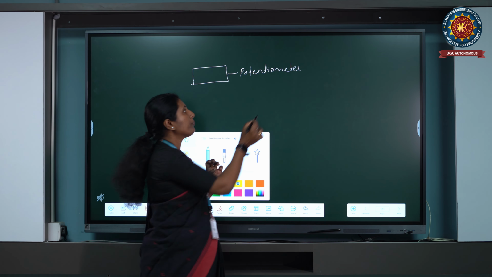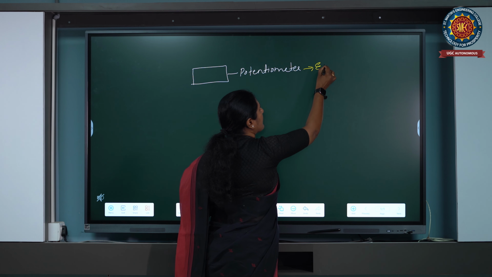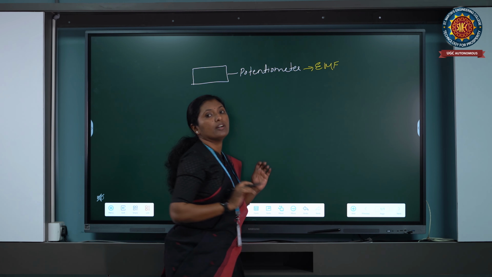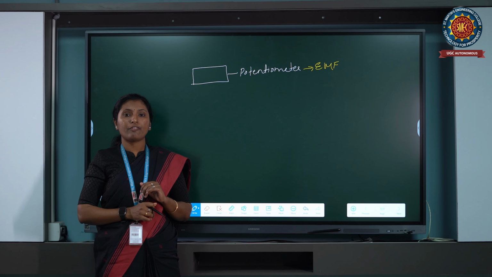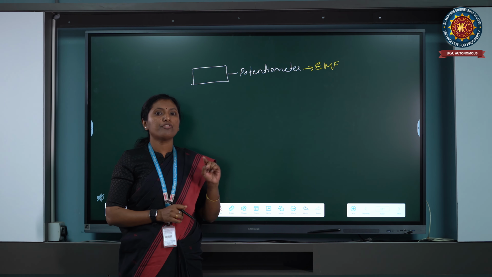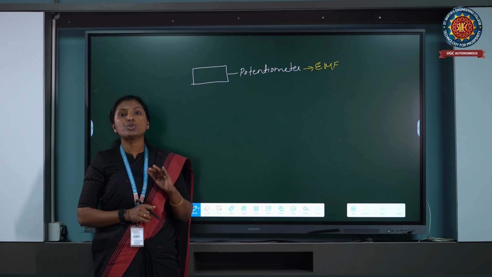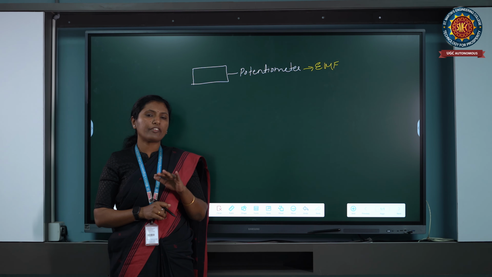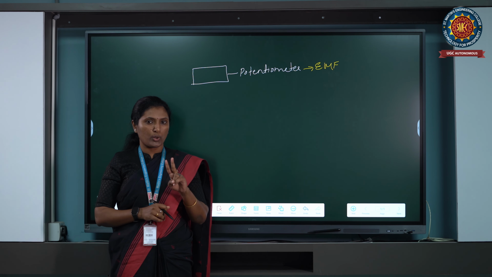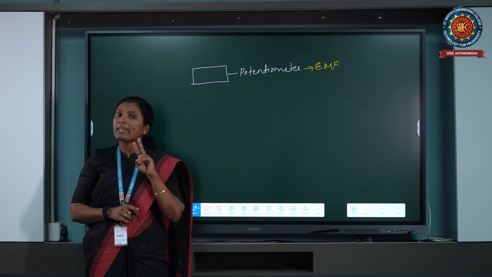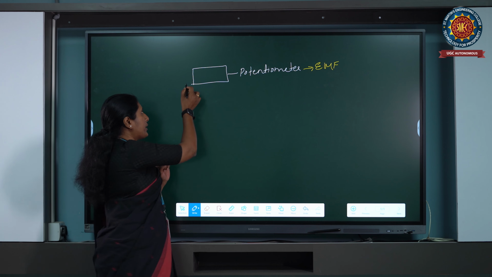It is used to find the EMF between two electrodes. What is EMF? Electromotive force. In other words, we can say it is the potential difference between two electrodes. So from the definition you can understand there should be two electrodes.